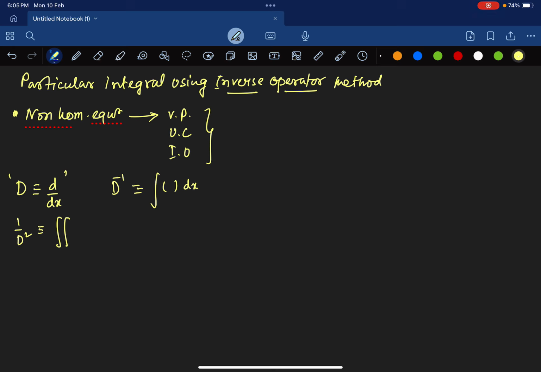So here, based on different types of questions on the right-hand side of our considered differential equation, we will have different formulas. Let me write one form.